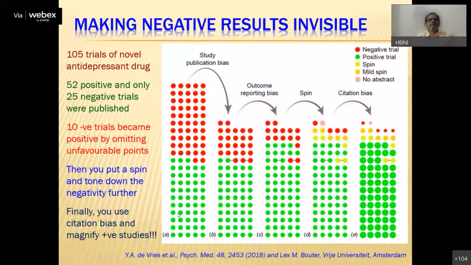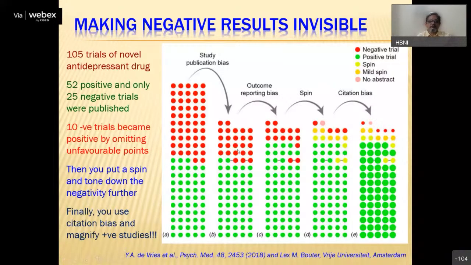antidepressant drug. Now, out of this, you can see that there are about 53 positive results and 52 negative results of this 105 trials. But when it came to the first publication, it was observed that 52 of the 53 positive outcomes were published, whereas only about 25 of the negative outcomes got published.